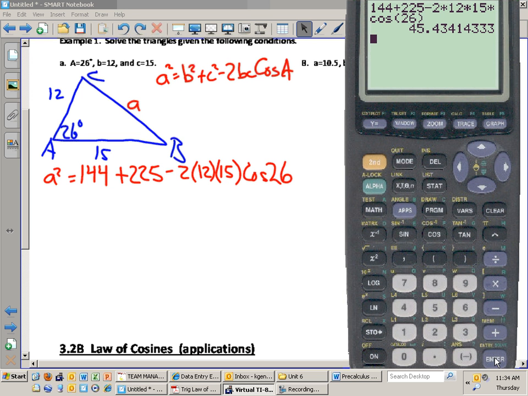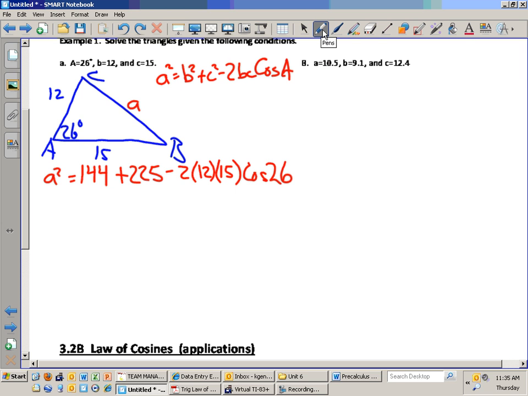A squared is 45.43. What do I do to find A? Square root both sides. Second square root, and we get 6.74.